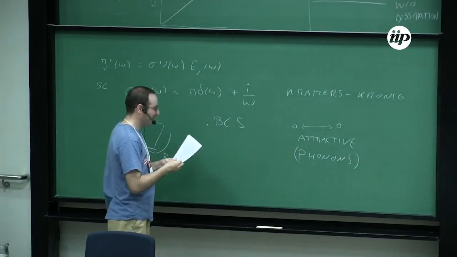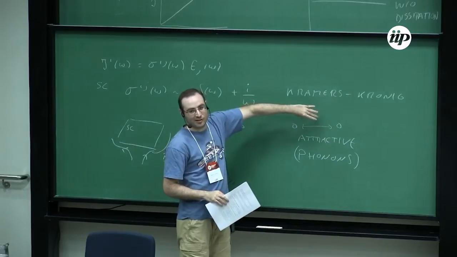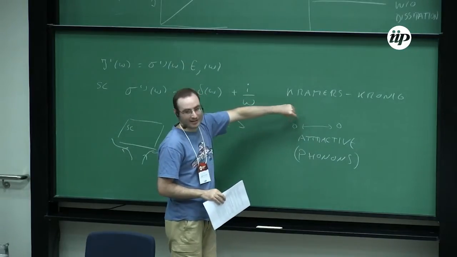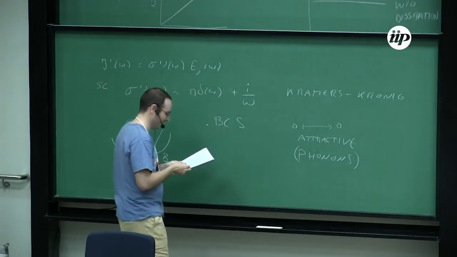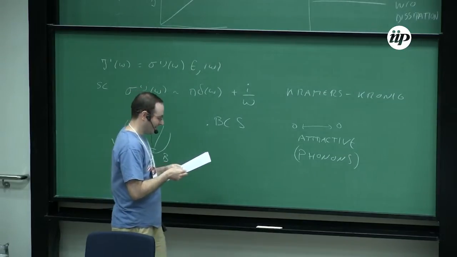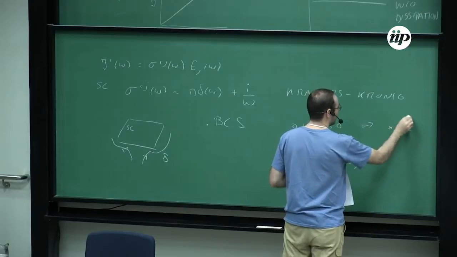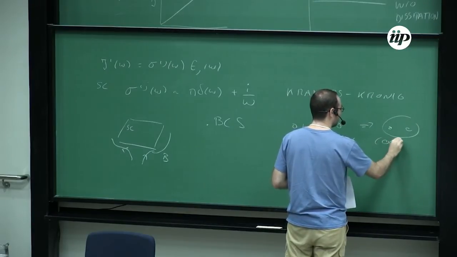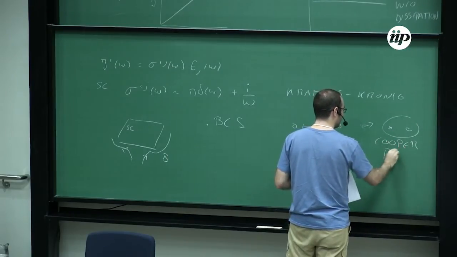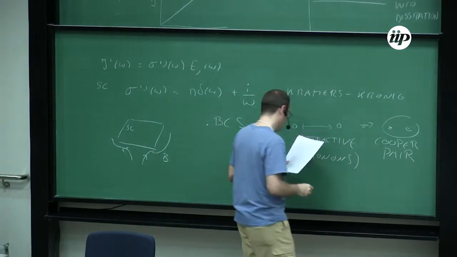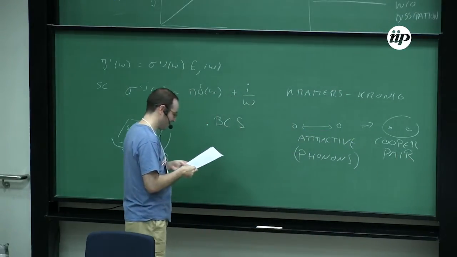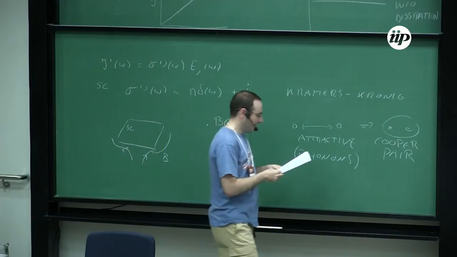This attractive force makes these electrons pair if you have the right conditions, at low temperatures and so on. And when they pair and form a Cooper pair, then you are in the superconducting phase.